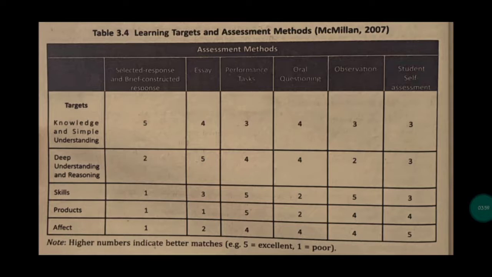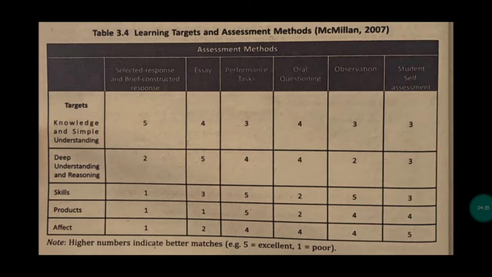Deep understanding and reasoning: selected response and brief constructed response 2, essay 5, performance task 4, oral questioning 4, observation 2, student self-assessment 3. Skills: selected response and brief constructed response 1, essay 3, performance task 5, oral questioning 2, observation 5, student self-assessment 3.